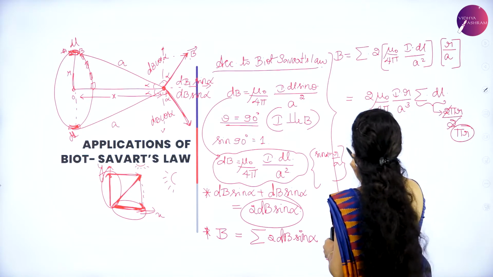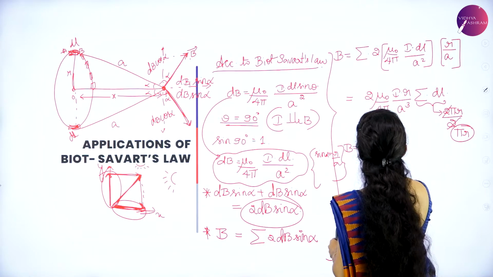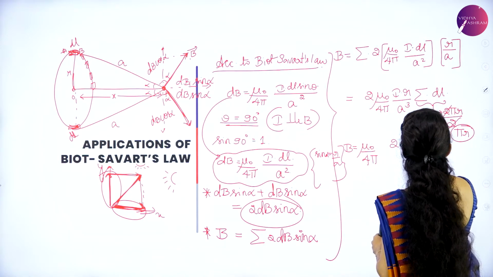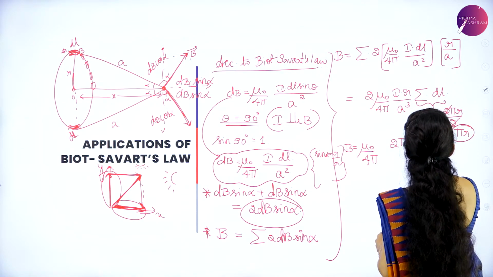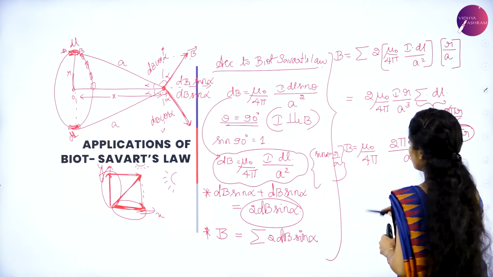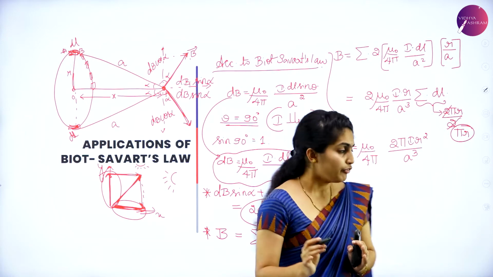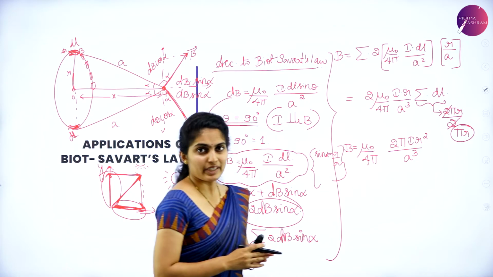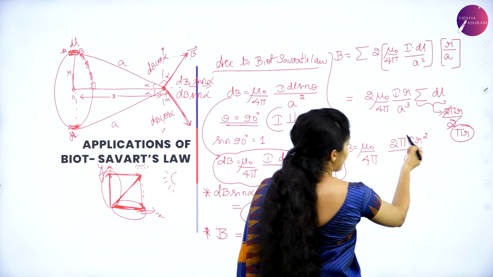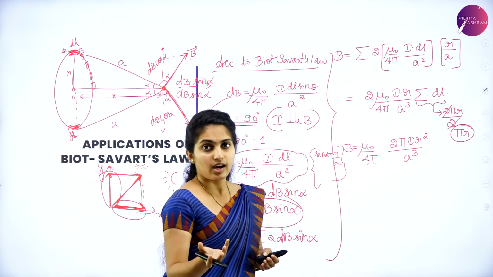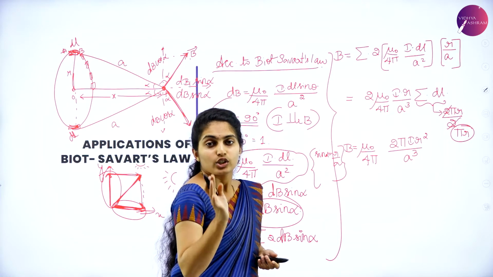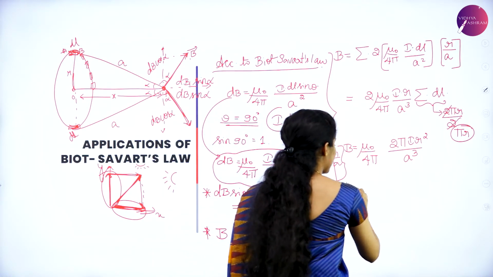So now you can rewrite this equation as B is equal to mu naught by 4 pi, 2 pi I r square divided by a cube. Now we know mu naught by 4 pi is 10 to the power of minus 7. 2 pi I is the current, r is the radius of the loop, a is the distance. What is that distance value we had kept?